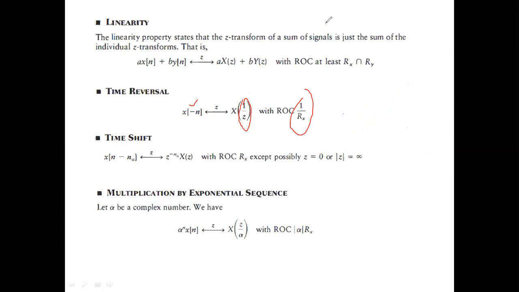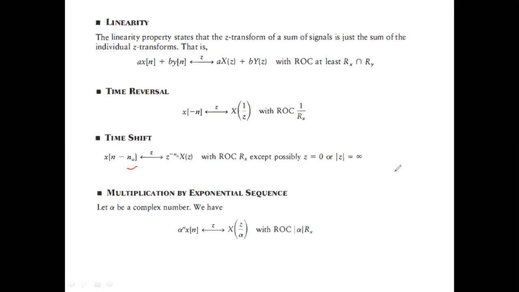Let us just read all these things, and we'll solve problems. We'll understand. Shift in the time domain. This is similar to your Laplace transform, right? X of t minus t naught was e to the power minus s t naught into x of s, right? You remember that you had something similar in your Z transform.